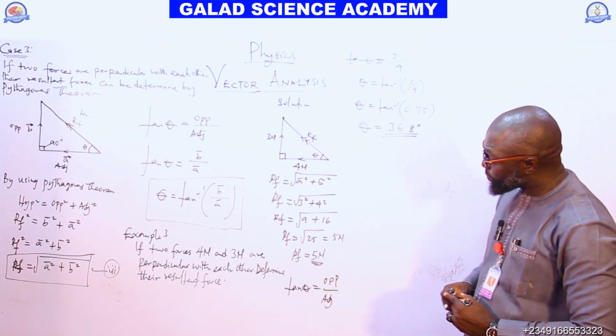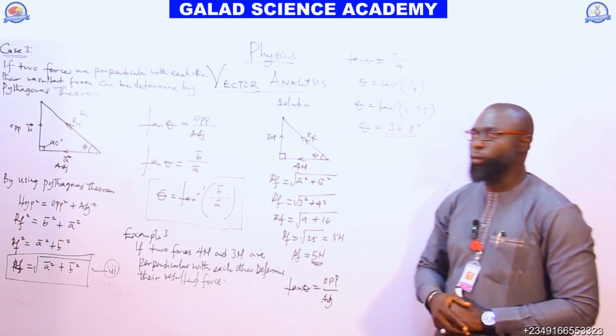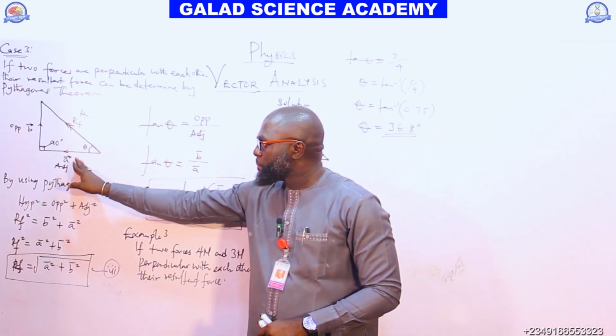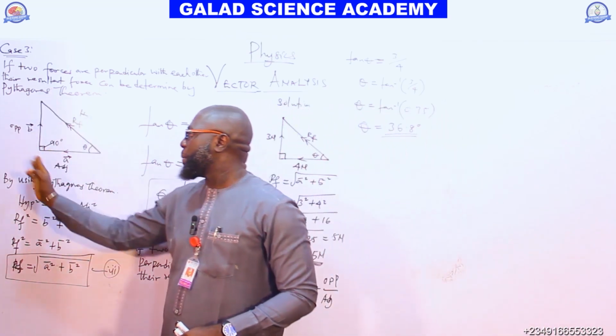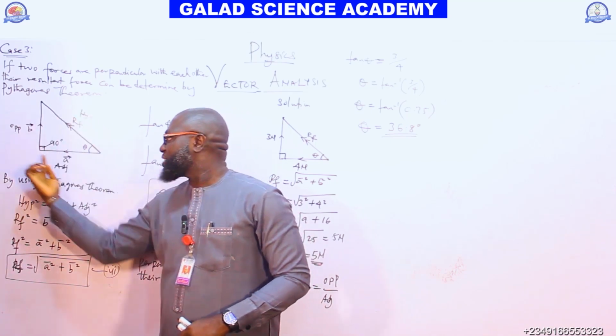And again, let me help you add this for the triangle under case 3. If you check this format I gave you here, I said two vectors A and B are perpendicular with each other through angle 90. This is the resultant force. Check this triangle.